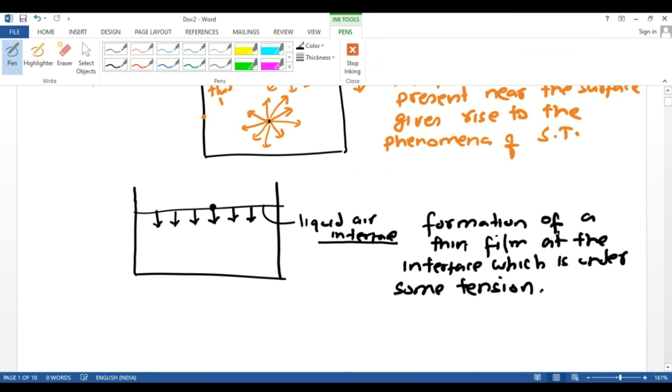So we have this two-dimensional thin film at the surface, and this surface comes under some tension, right?